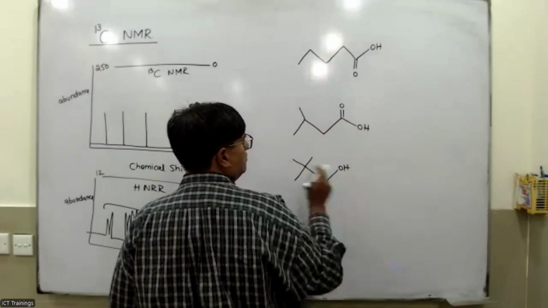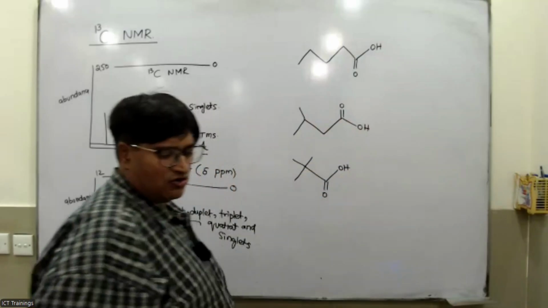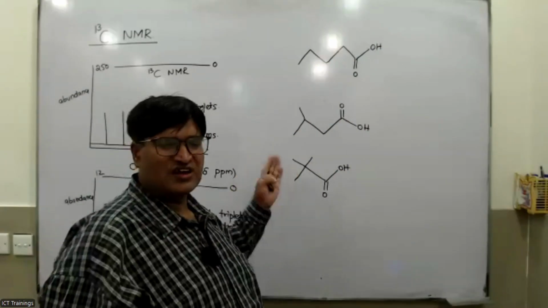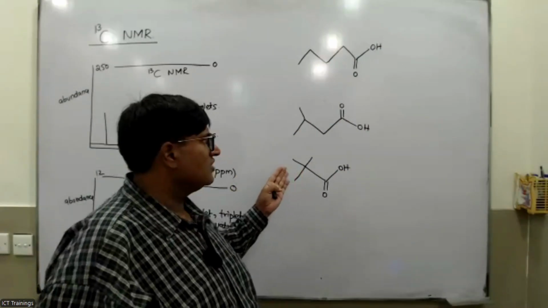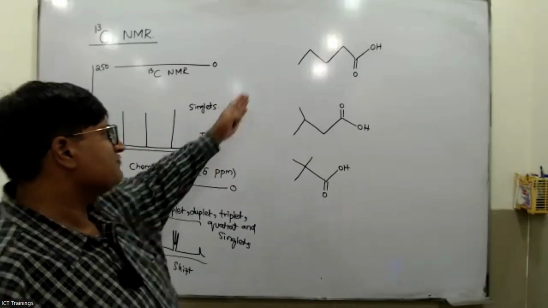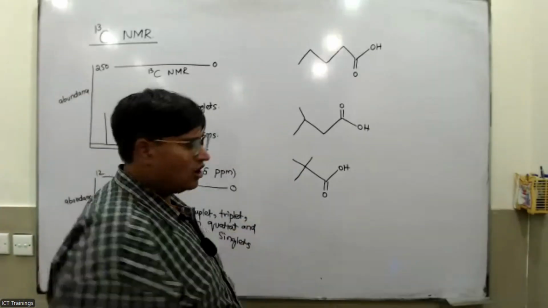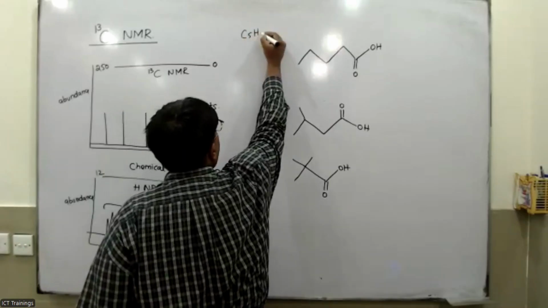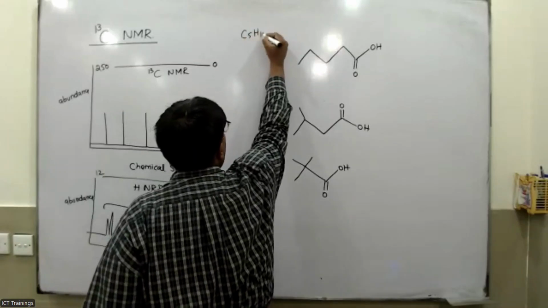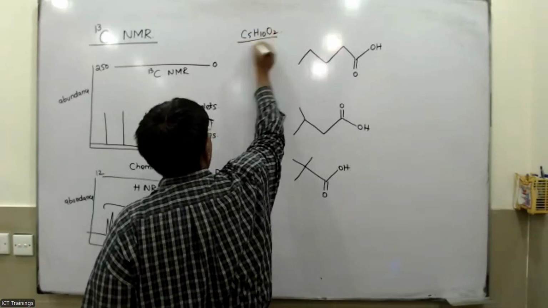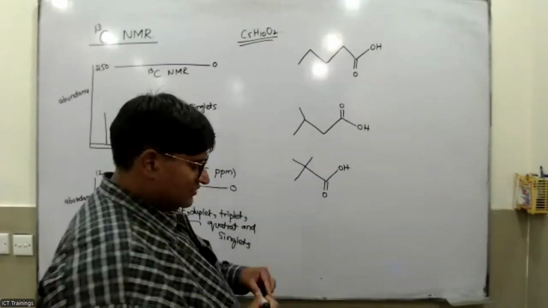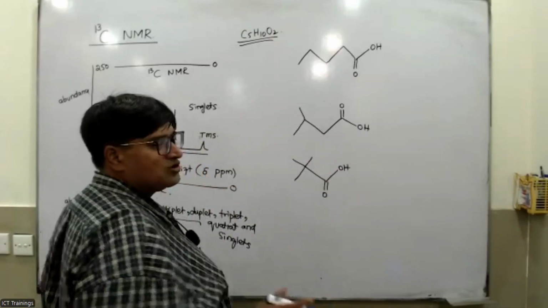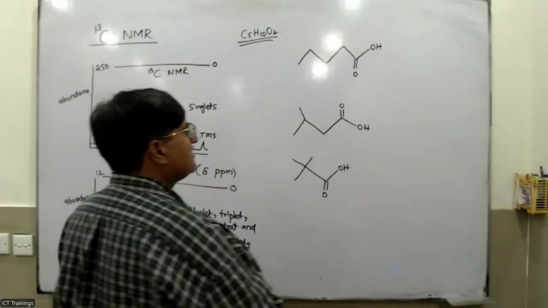Now, if I'm going to ask you people how many peaks of the carbon 13 would be present for these 3 compounds. All of them have the same molecular formula C5H10O2. So all are having the same molecular formula, so they are having the same number of carbons. Now you have to look at the environment of different carbons.